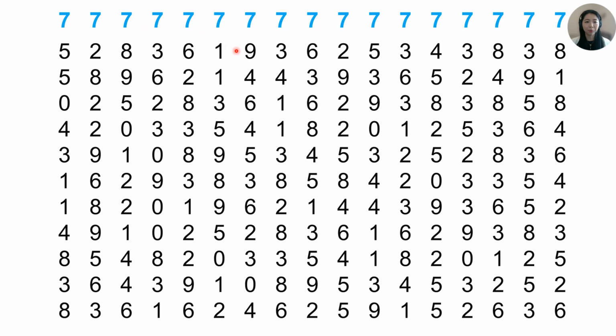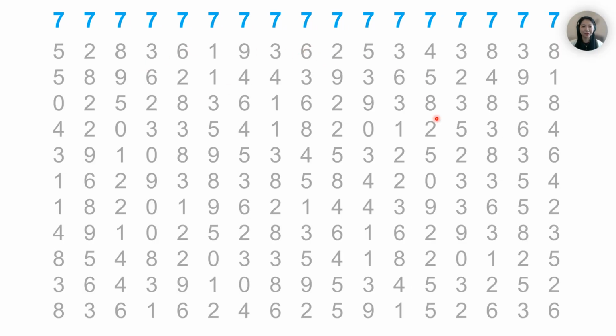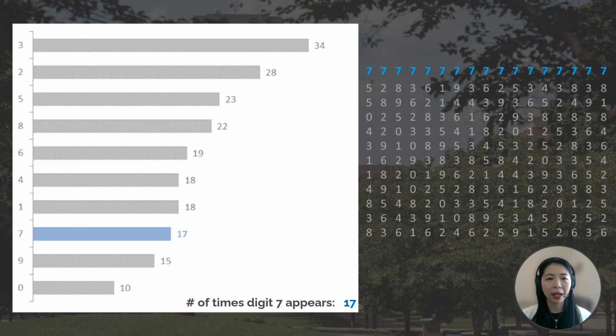Now I have moved all sevens to the top row, and it's much easier to count them this way. How about now? I have faded out all other numbers, leaving only the sevens visible, so they are impossible to miss. This is a great way to highlight important detail while keeping the rest in the background.